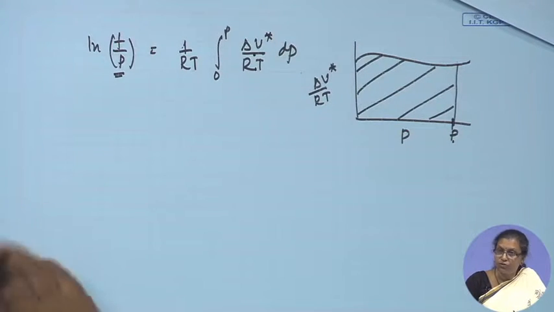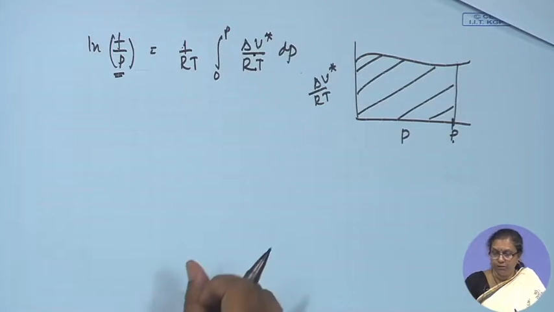Now, here I would also like to mention one particular thing. We can use the PV behavior, we can use the compressibility factor chart, but it is not sufficient to know the PV behavior or the compressibility factor at the particular pressure of interest where we want to calculate the fugacity.